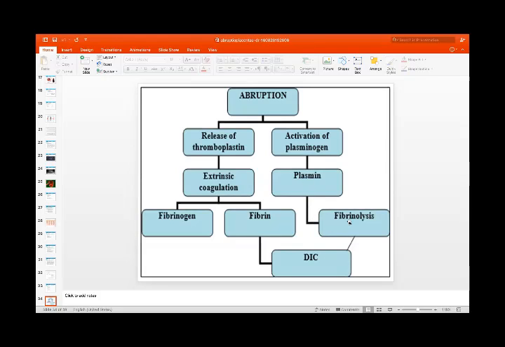It causes lysis of the fibrin, so fibrin lysis starts happening. And here the thromboplastin will start the extrinsic coagulation pathway. Fibrinogen is converted into fibrin, and this fibrin undergoes fibrin lysis, leading to DIC.